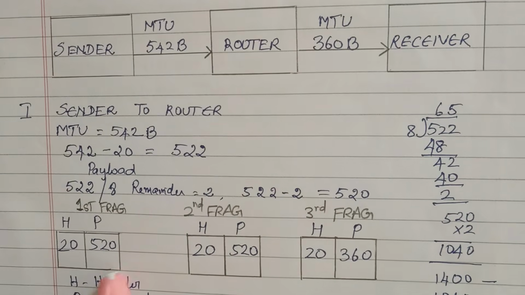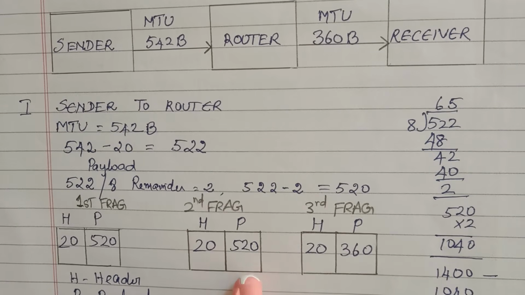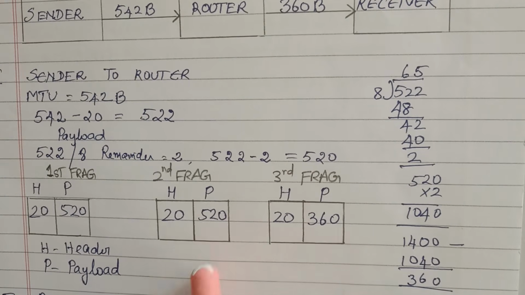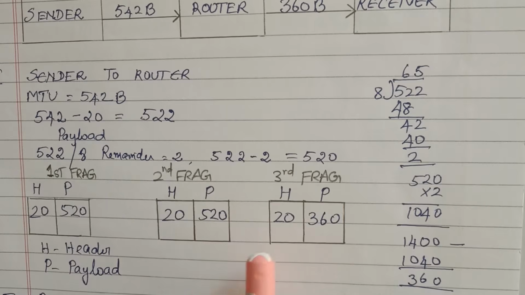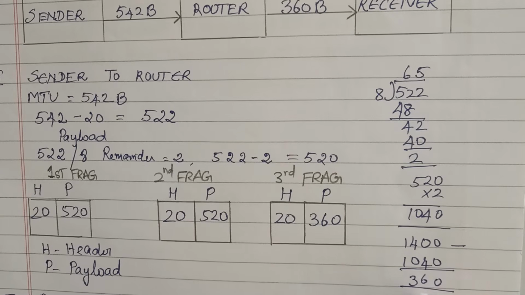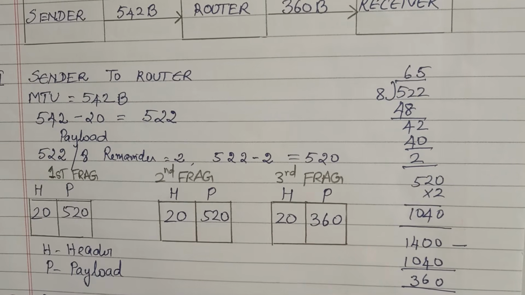The first fragment is 520, the next fragment is another 520, and adding them gives 1040. The last fragment need not be 520, because that would exceed 1400. Subtract 1040 from 1400 and the remaining is 360. The last fragment can be smaller, so whatever value remains goes in as the payload of the last fragment. So the last fragment is 20 and 360.